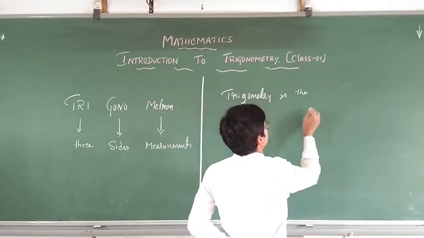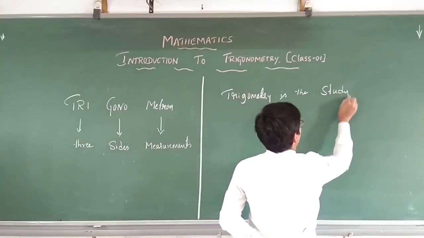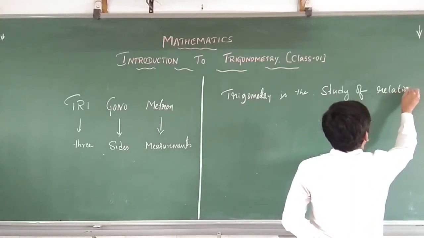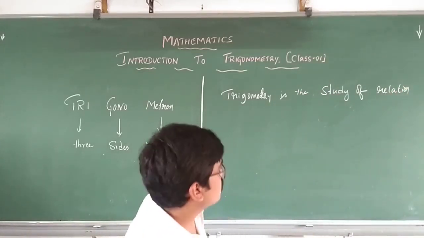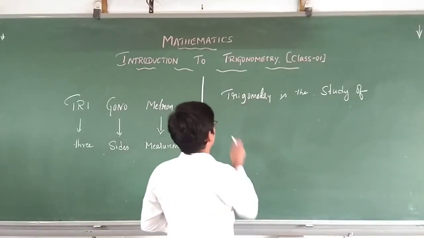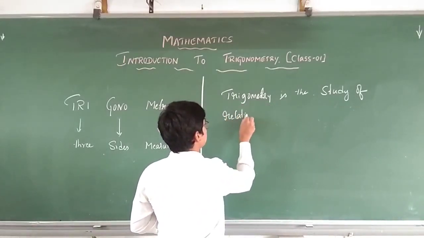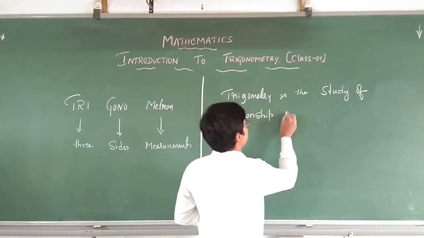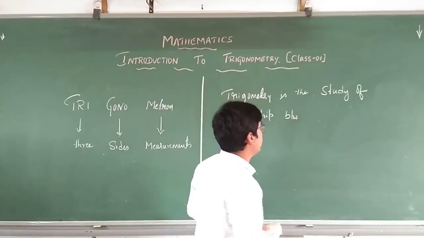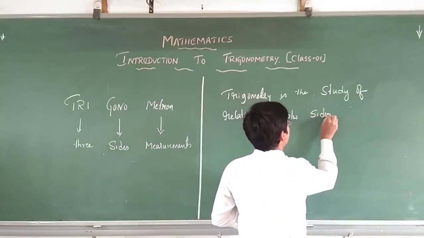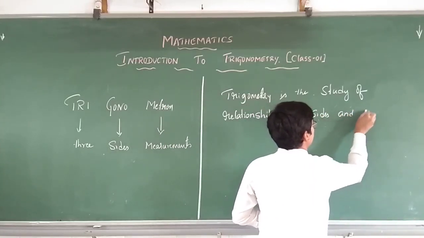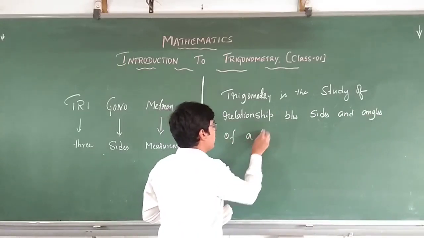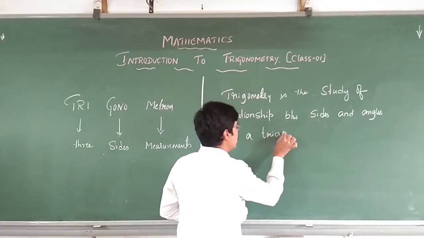Then we can define trigonometry as the study of relationship between the sides and angles of a triangle.